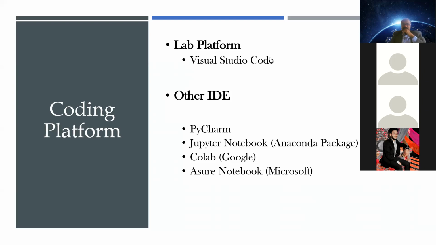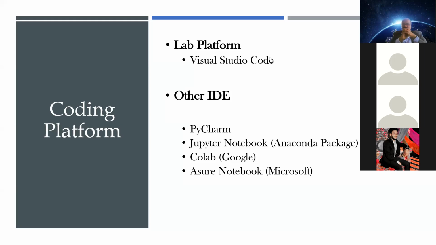The coding platform is going to be Visual Studio Code, VS Code, which is a free code development platform. In short, it is called VS Code, and it's a very popular platform to write software.